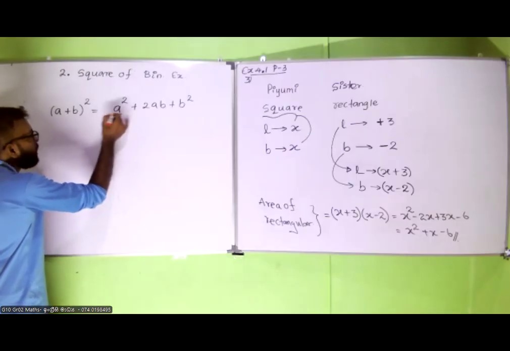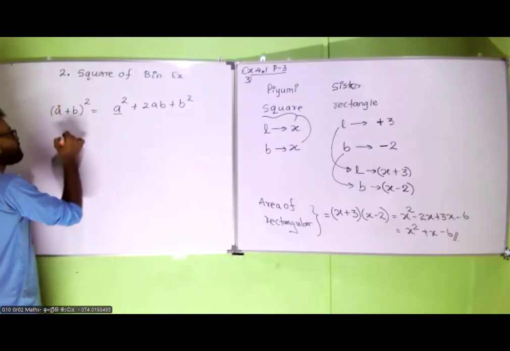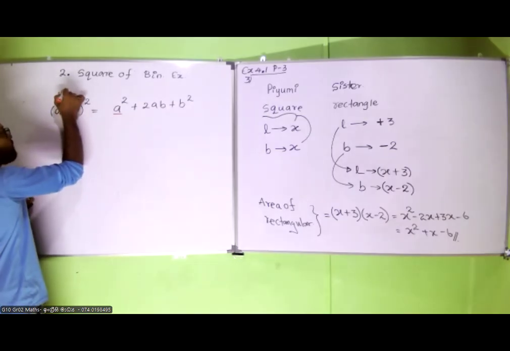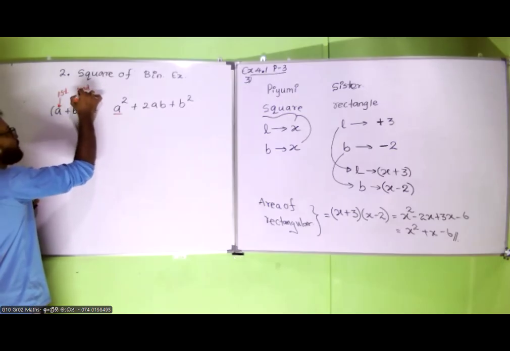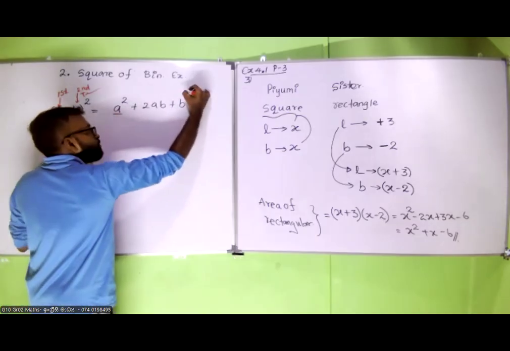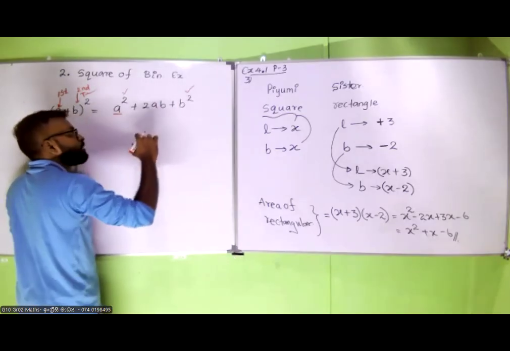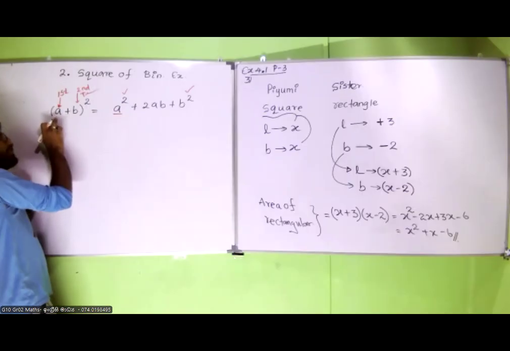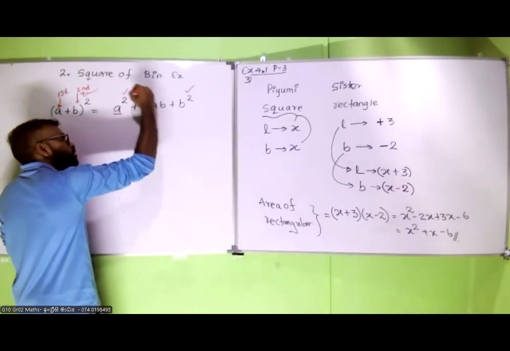Here you have a squared, the square of the first term, and the square of the second term. You know how to obtain the first term and the last term: square of the first term, square of the last term.